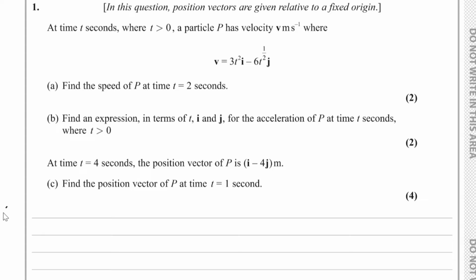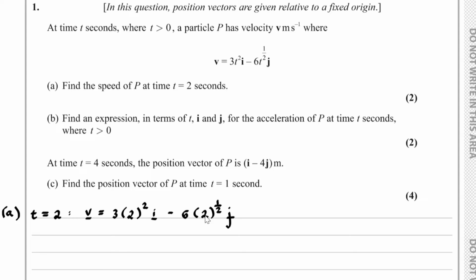So, for part A of the question, when t is equal to 2, v is equal to 3 multiplied by 2 squared i subtract 6 multiplied by 2 to the 1/2 j.